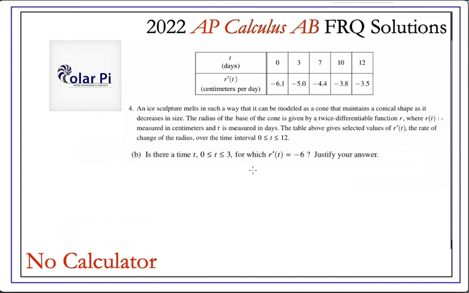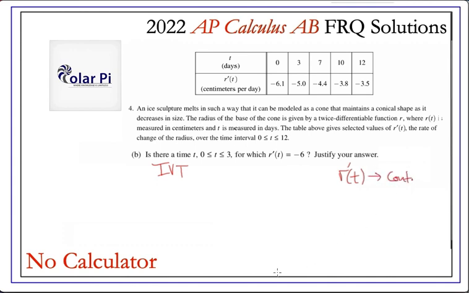Part B here is about the intermediate value theorem. R prime of t is the function given here in the table, and we know that R of t is twice differentiable, meaning R prime of t is differentiable. But if R prime of t is differentiable, it's automatically continuous.